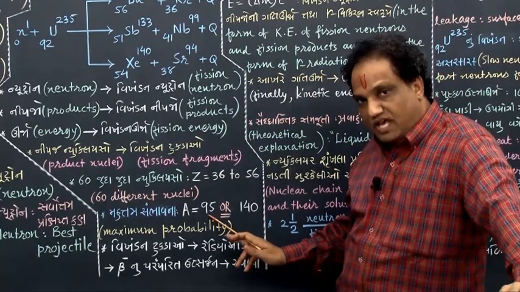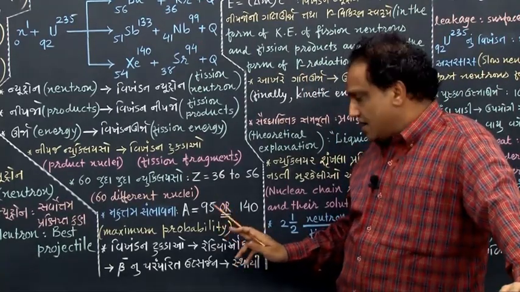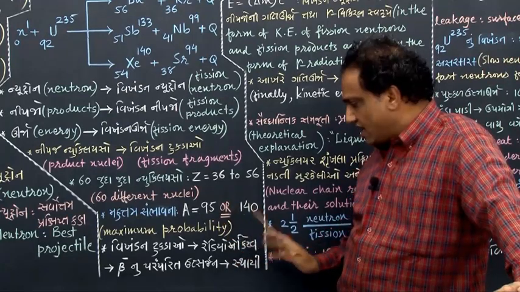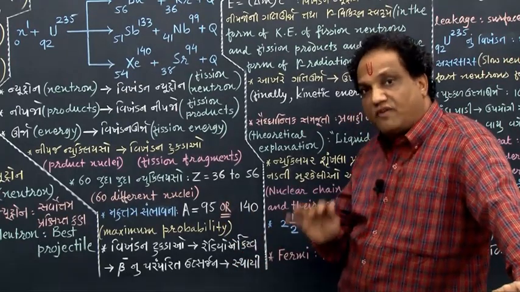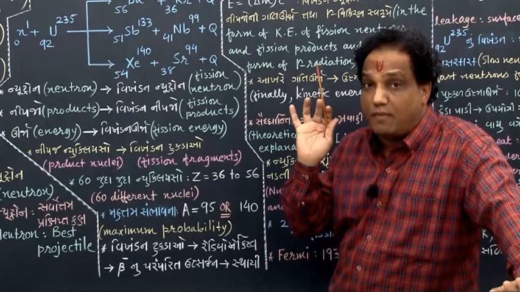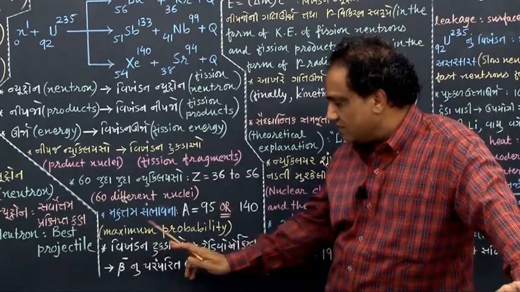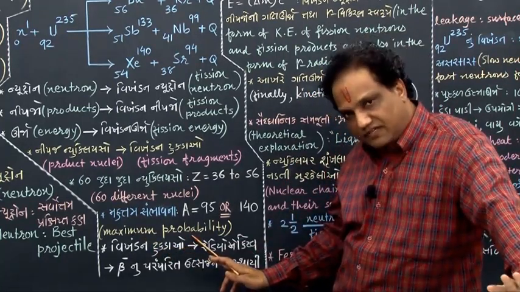So fission products having atomic mass numbers nearly 95 or 140 are found to be formed with maximum probability. That's what I have written here, maximum probability. Correct? Fine.